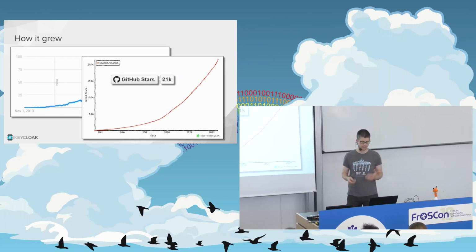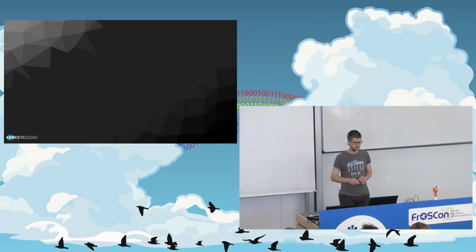Over time it grew, both in GitHub stars and in the Google Trends for the keyword Keycloak, which everybody can look up. A lot of people are using it to secure their applications.